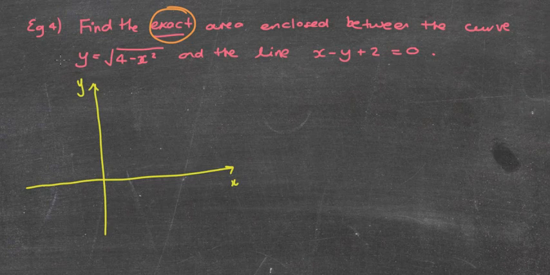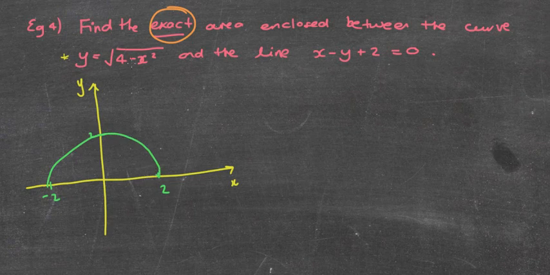Well, hopefully you remember that this graph here, y equals root 4 minus x squared, is a semicircle. It's a semicircle with a radius of 2, so that's negative 2, that's positive 2, and that's 2, and it's a positive root, so it's going to be the top part. Now, what happens if you forget that it's a semicircle?